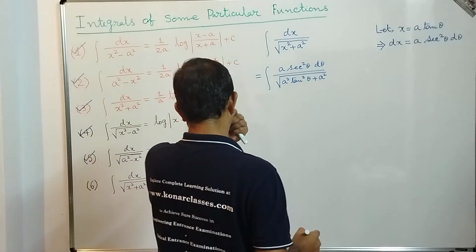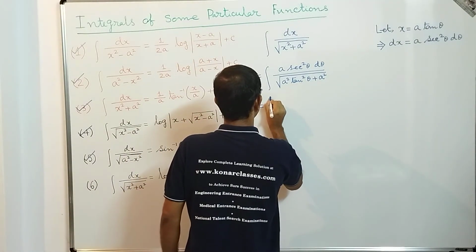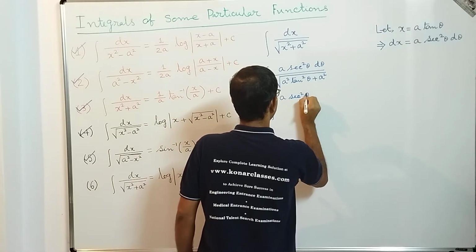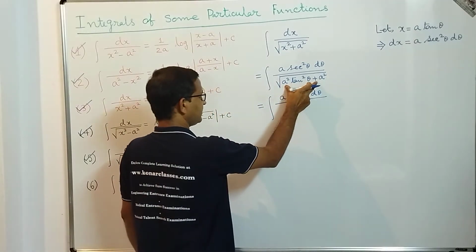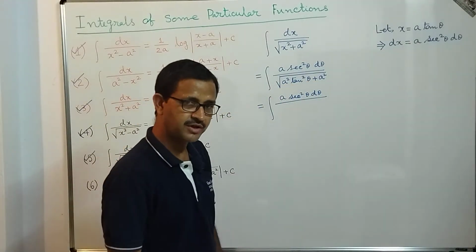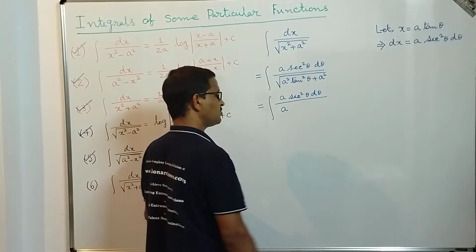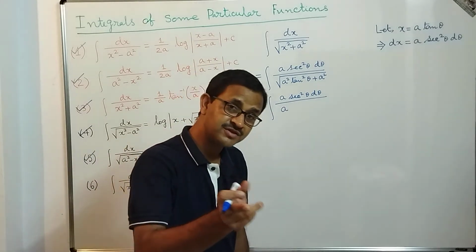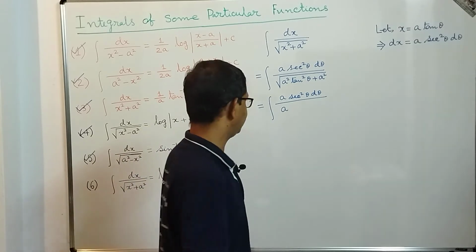Now if you look at the denominator, the a square and a square, you can take outside of the square root, so it becomes a. Then what we are left with is square root of 1 plus tan square theta. That means square root of sec square theta. That means once you take it out of the square root, it becomes sec theta.